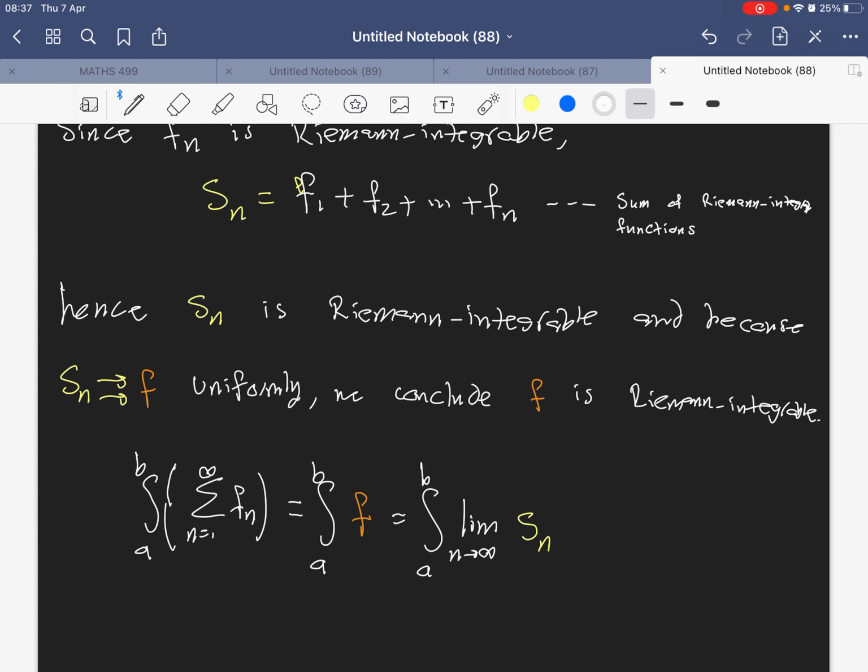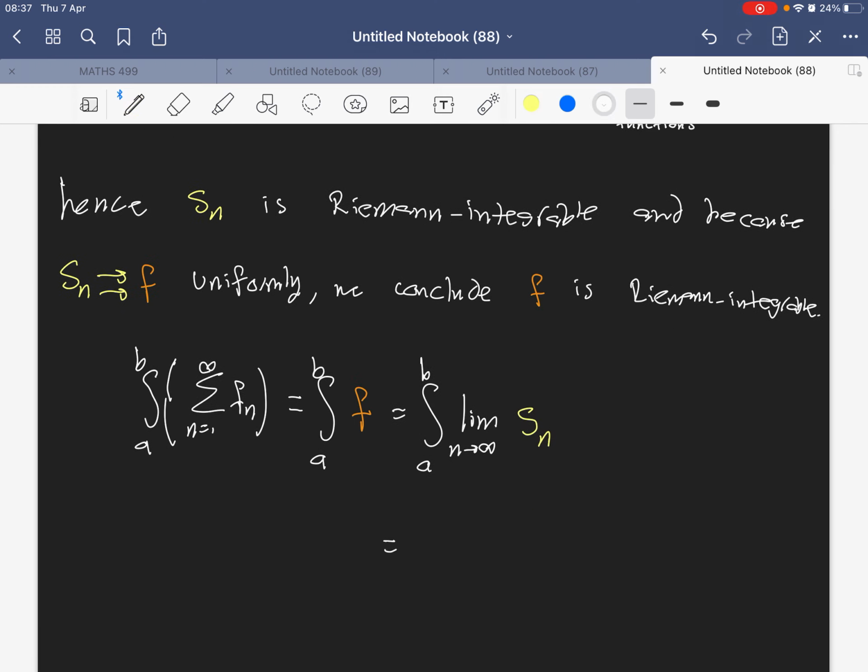Now I know what Sn is. Sn is just f1 plus f2, so it will be the sum from i equal 1 to n.